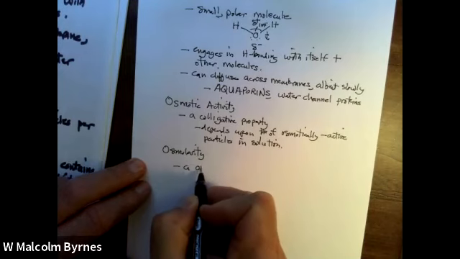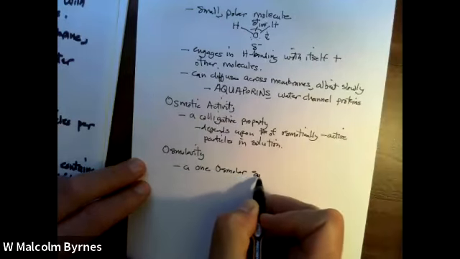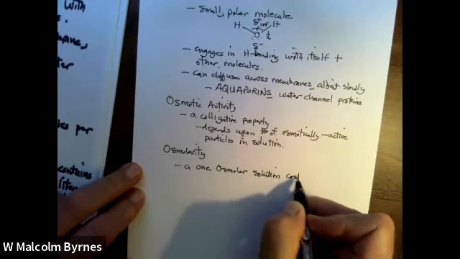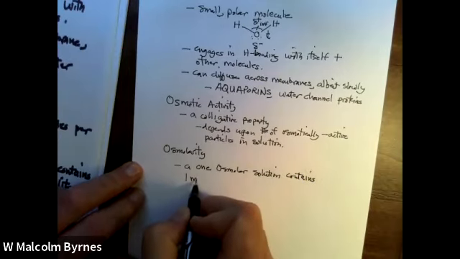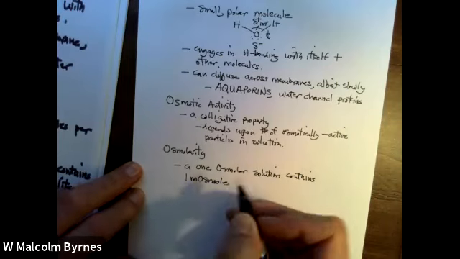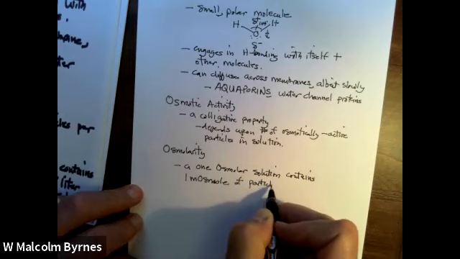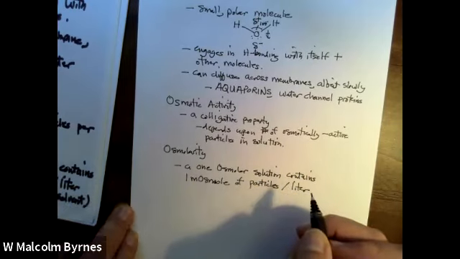A 1 osmolar solution contains 1 osmole of osmotically active particles per liter of solution.